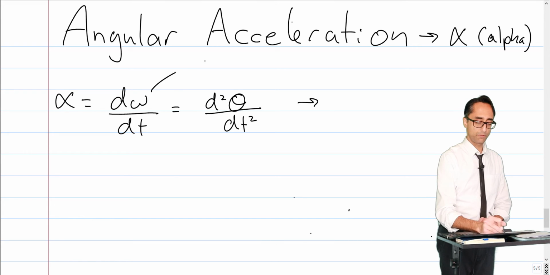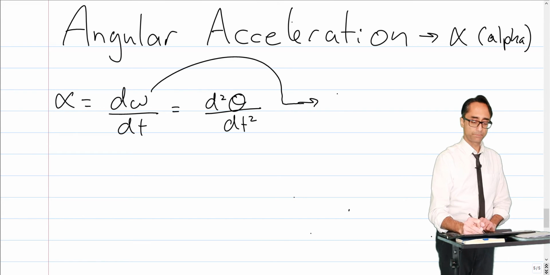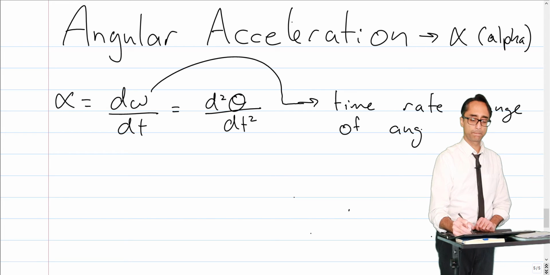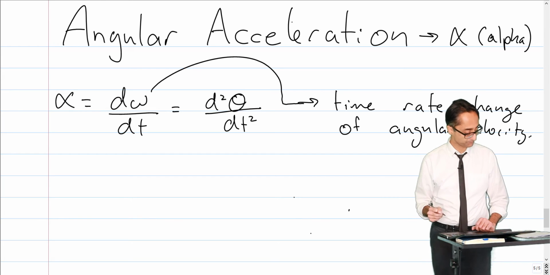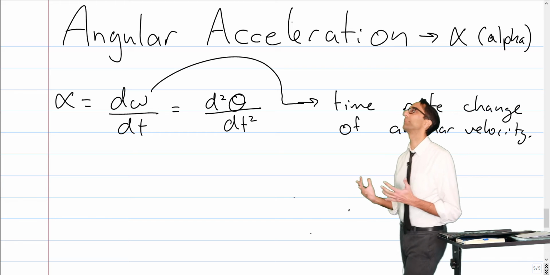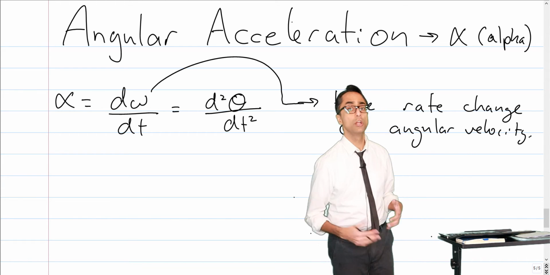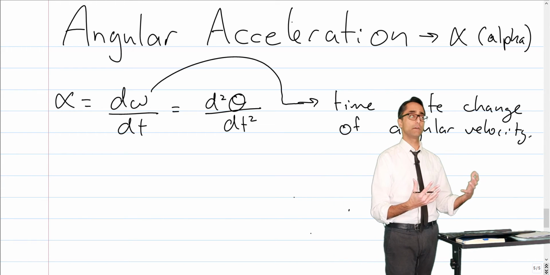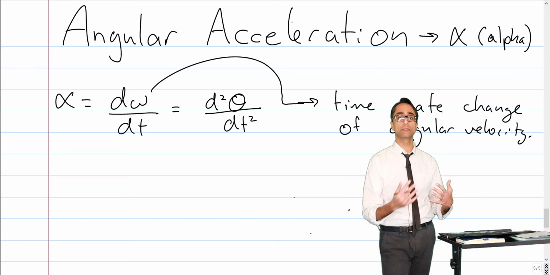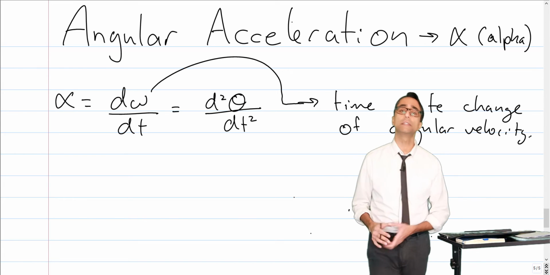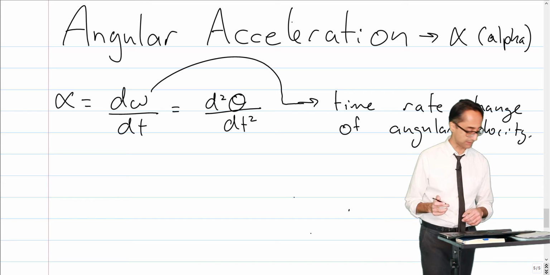So let's call this the time rate change of angular velocity. All right. And so the best way for us to really appreciate angular acceleration, whether it's something that is going fast around a circle and slowing down, or the opposite, is to use it in practice.